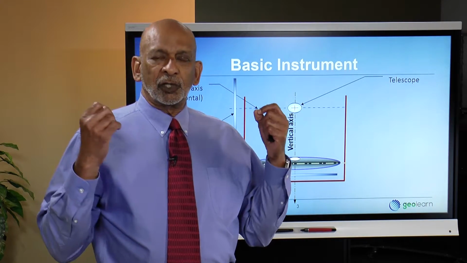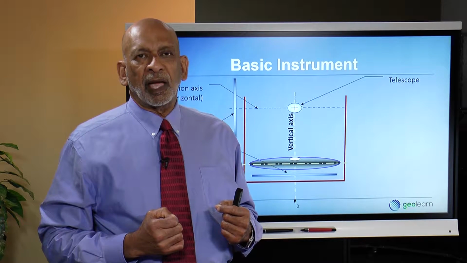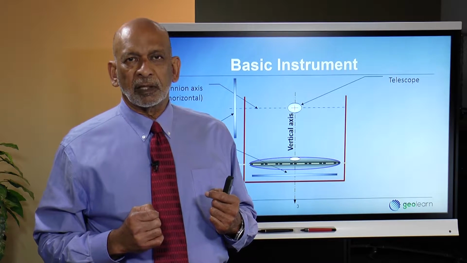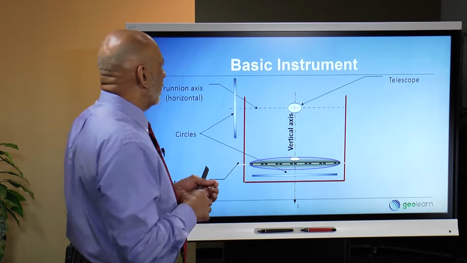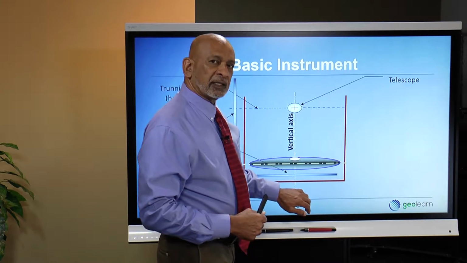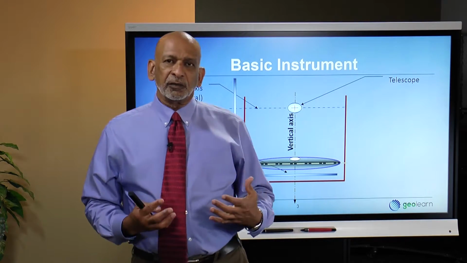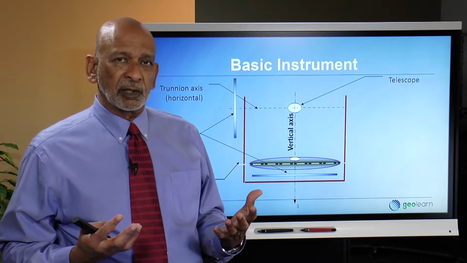To be able to set the instrument up accurately to measure horizontal angles and vertical angles accurately, what we need to do is align this vertical axis with the direction of gravity, which in surveying is the definition of the vertical.